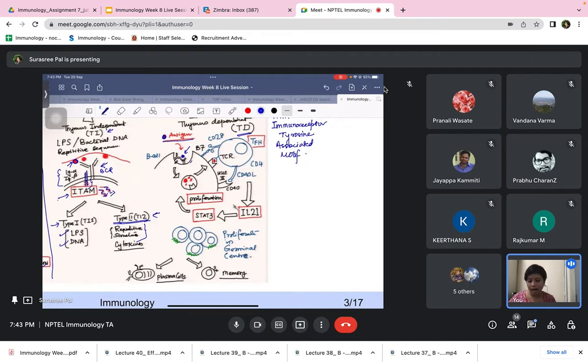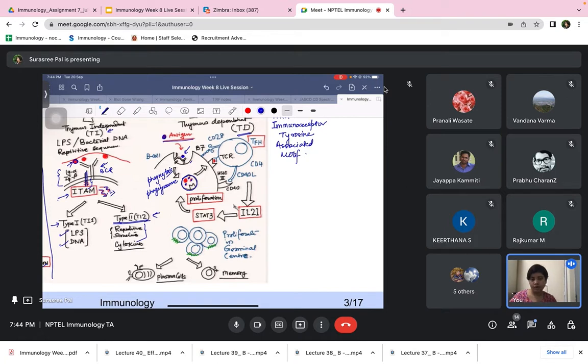And after this phagocytosis, the foreign pathogen is degraded. So remember this phagolysosome that forms, where the foreign pathogen is degraded, right?